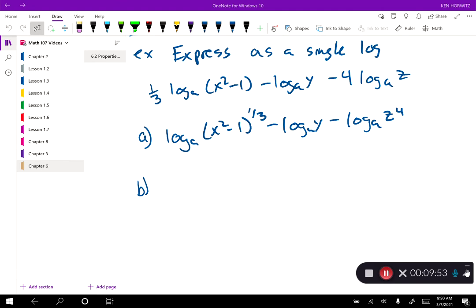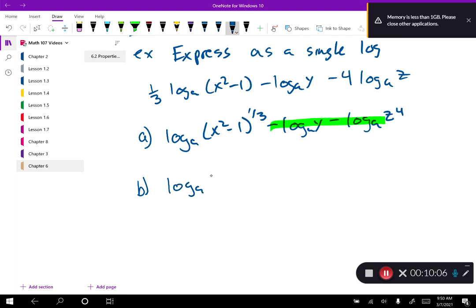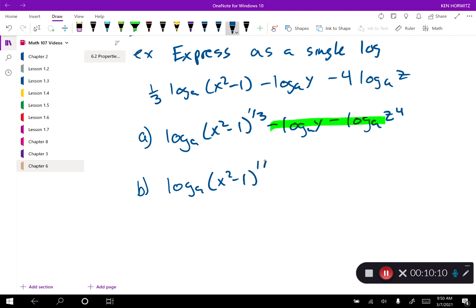For example, over here, I have two negatives, and I want to make that part a little easier. So I'm going to say the log base a of x squared minus 1 to the 1/3 power. Then I'm going to factor out a negative 1: minus the log base a of y plus the log base a of z to the 4th power.